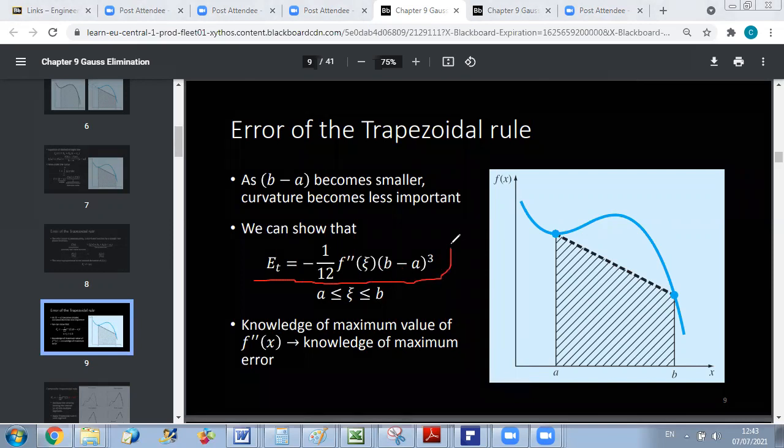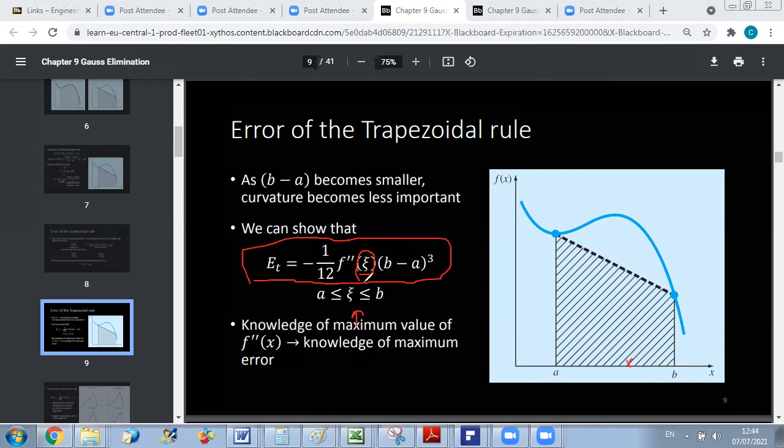First, we can show mathematically that the error involved when calculating the integral using the following method is equal to minus 1 over 12 times the second derivative at a certain xi, which we don't know, but we know that xi is between a and b, times (b minus a) cubed.